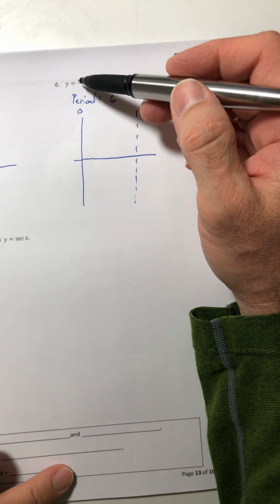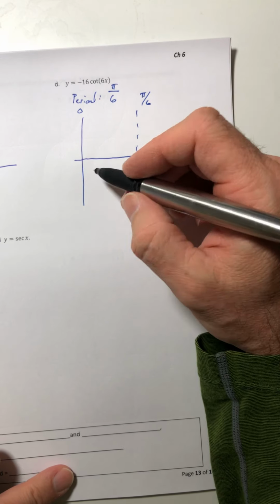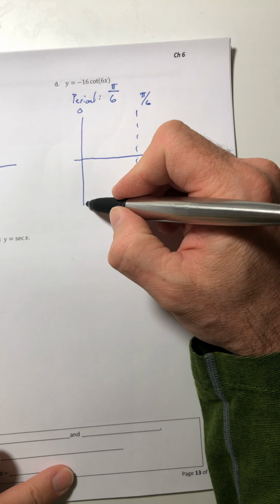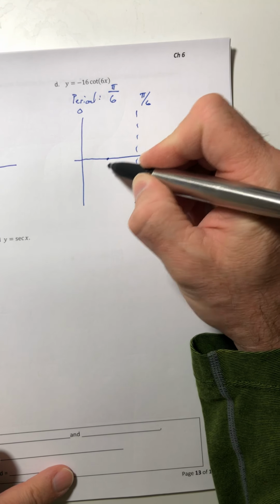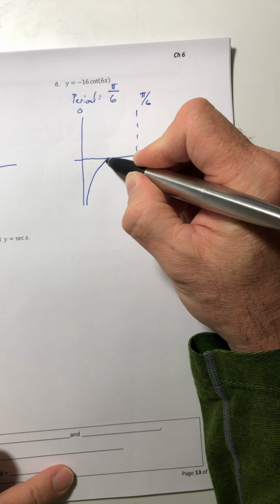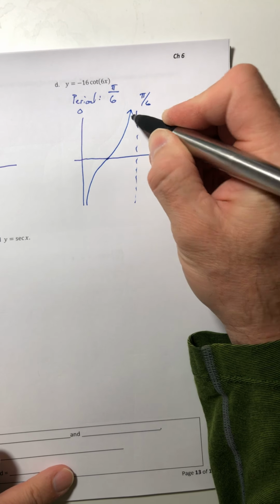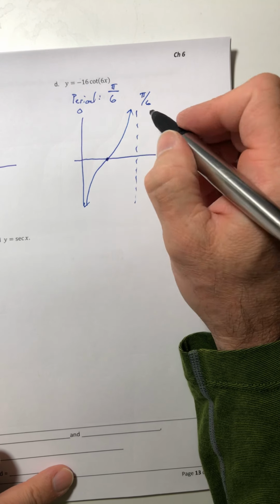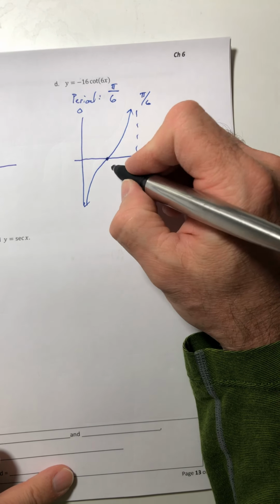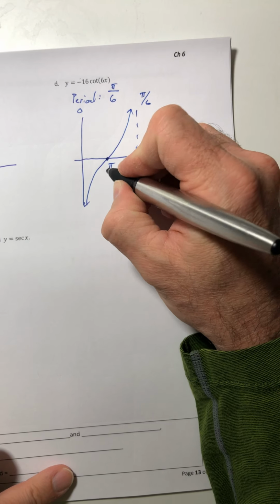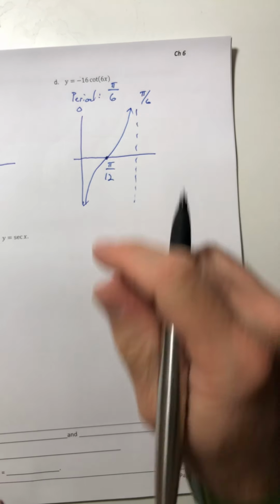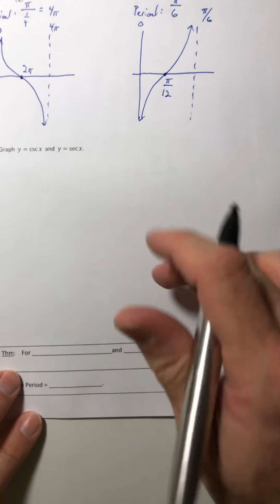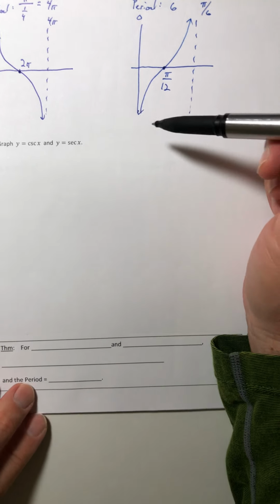But this time it's negative out in front, so the cotangent curve is upside down, going just like that. And it's right in between 0 and pi over 6, and that would be pi over 12. So not too difficult to draw.